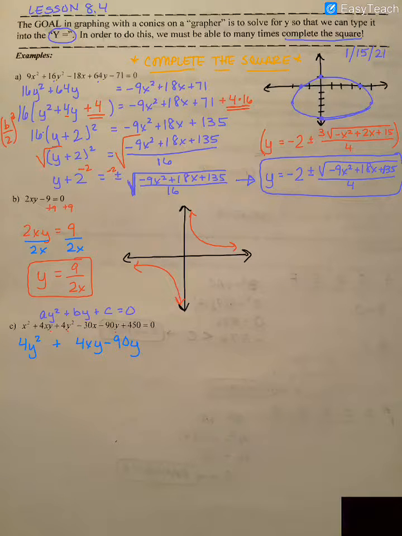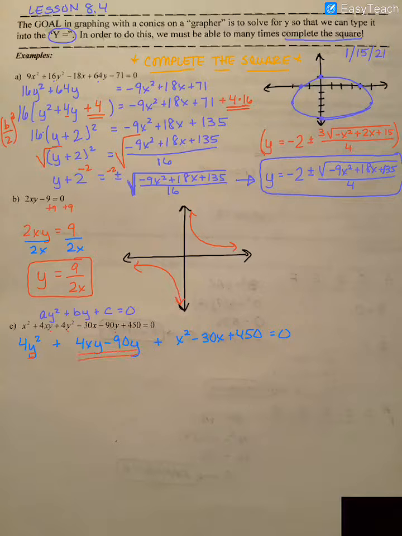And then, lastly, all of your other terms, anything that does not involve any type of y. That means I have an x squared minus 30x plus 450. And my equation still equals 0. So, notice I have a y squared term here.